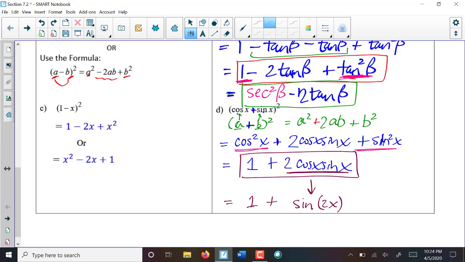The cool thing is if I think about that for a second, think about if this was an equation. 1 plus 2 cosine x sine x, and it was equal to 0. Okay, so solving this in the form that it's in is a problem because I can't factor it. The only other thing I could do then would be to use my identity replacement.